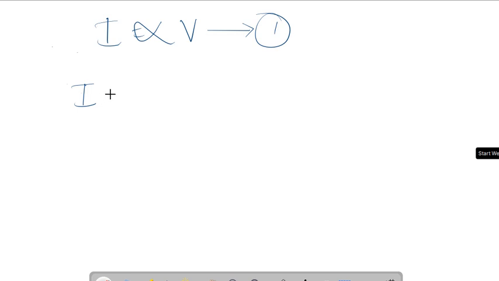Now, if I want to remove this proportionality, I can also write: if current I is proportional to the potential difference, can I write that the potential difference is also directly proportional to that current? Is it or not?